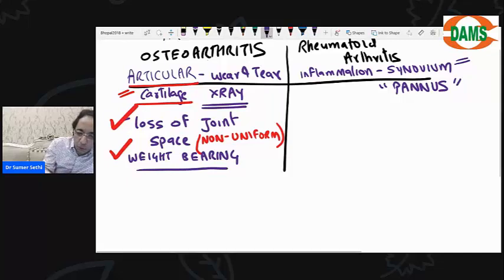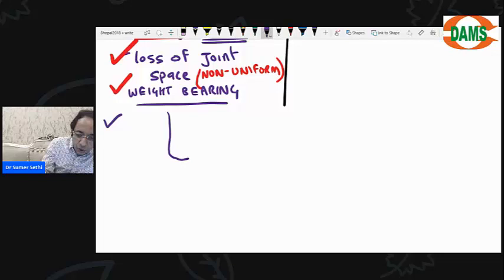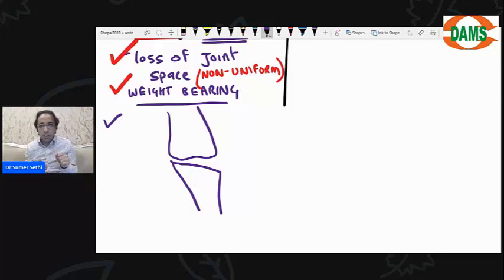The second point I want you to make here is, please see, if this is your joint, now one part of the joint has become narrow. Because of the narrowing, the weight-bearing axis will change, and you will start seeing horizontal spurs forming around the joint.